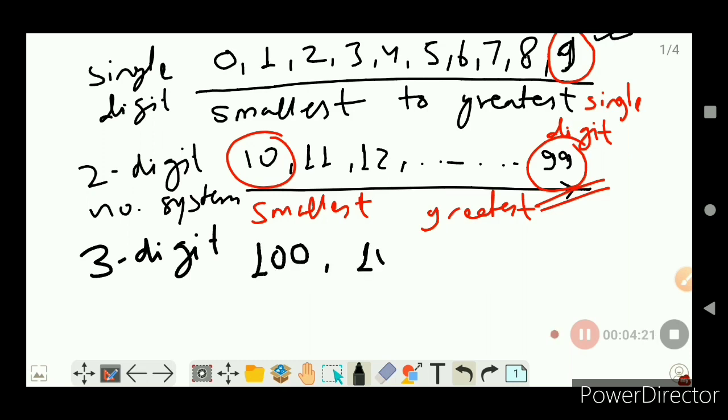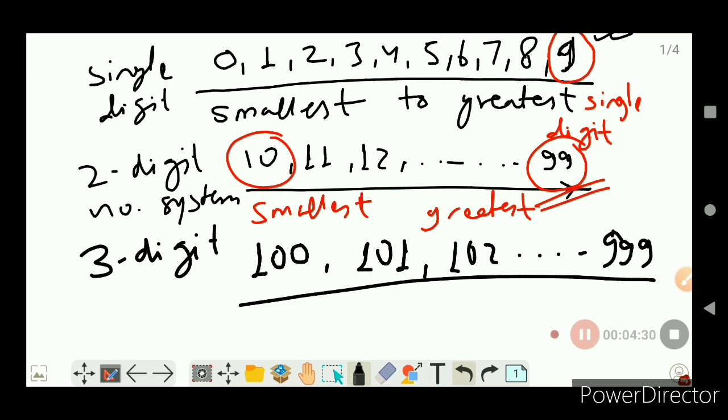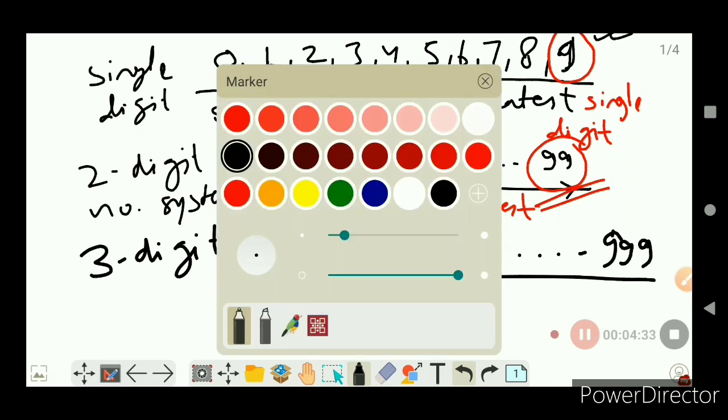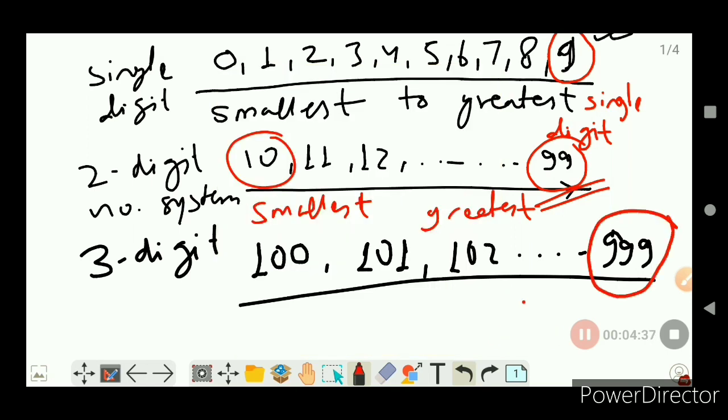Now it goes on like 101, 102, and so on till 999. Now that 999 has ended, the 3-digit system has ended, this one is the greatest. After that we have to create the 4-digit system, then the 5-digit system, and so on.